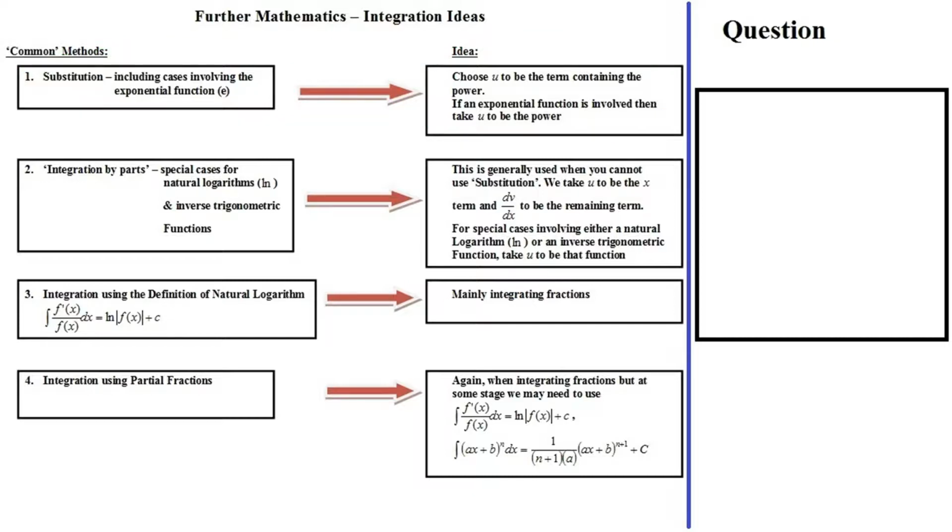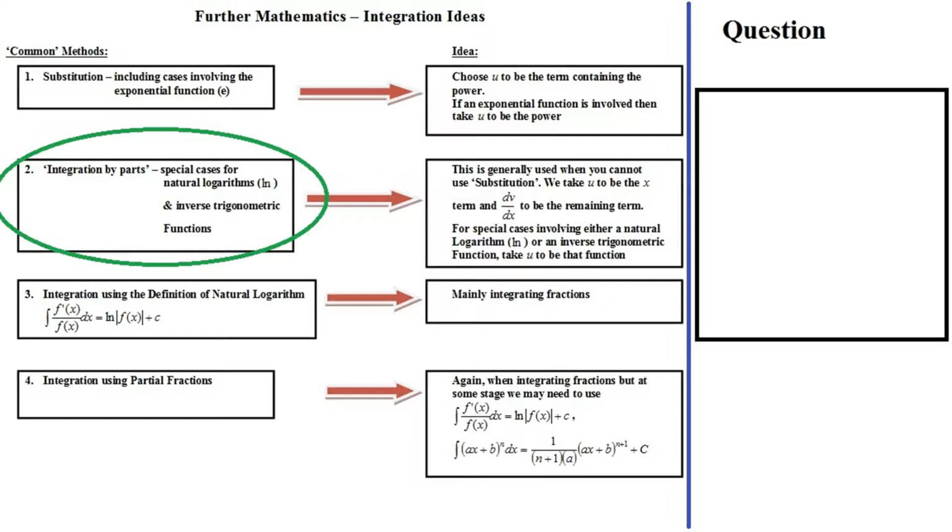Okay, the second method is integration by parts, and remember we also seen cases where our function contains either a natural logarithmic ln term or an inverse trigonometric function.